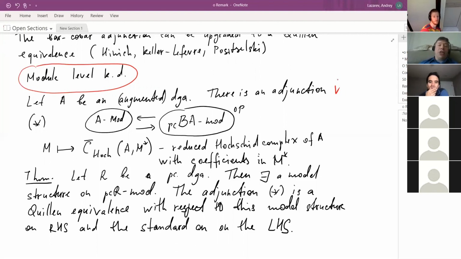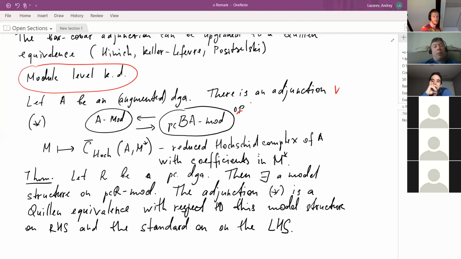And just as before, it's a contravariant adjunction, and if you want to make it covariant, then you have to put an op on the right-hand side. I'm putting op on the right-hand side, so in this way, it becomes the familiar adjunction between A modules and BA comodules, where BA is viewed as a coalgebra.